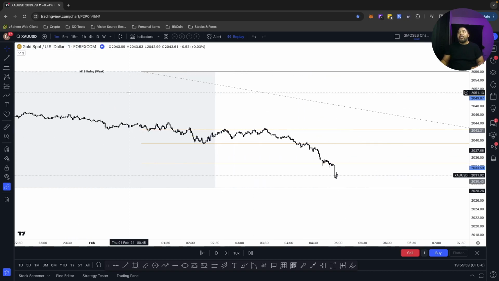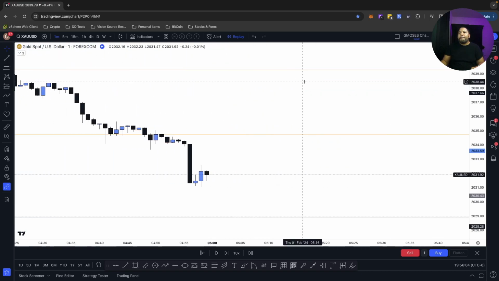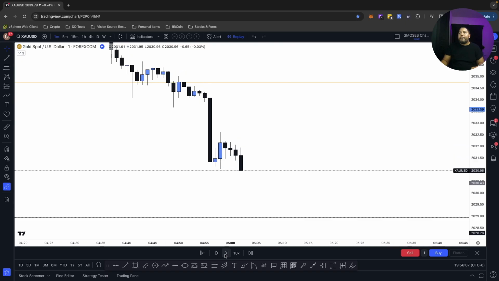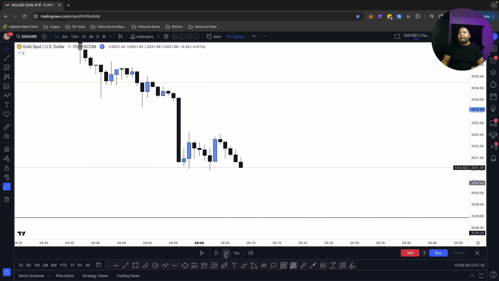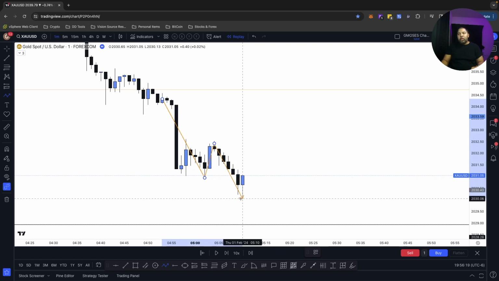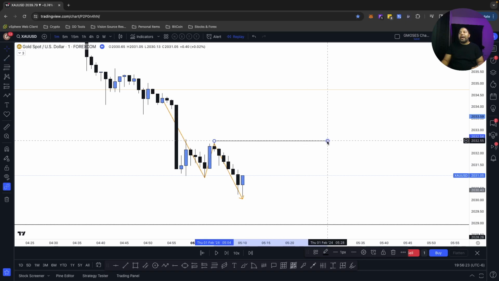Okay, so now let's look at price over in this area. One of the things that we can see is price came down, gave us a low, lower high, lower low. Okay, so now this is our swing high on our 1 minute time frame.